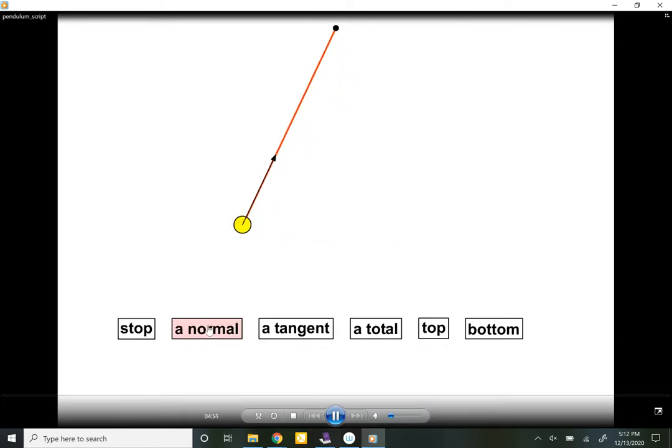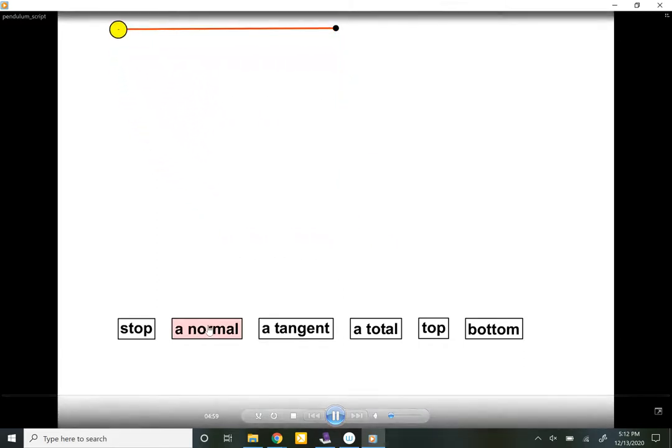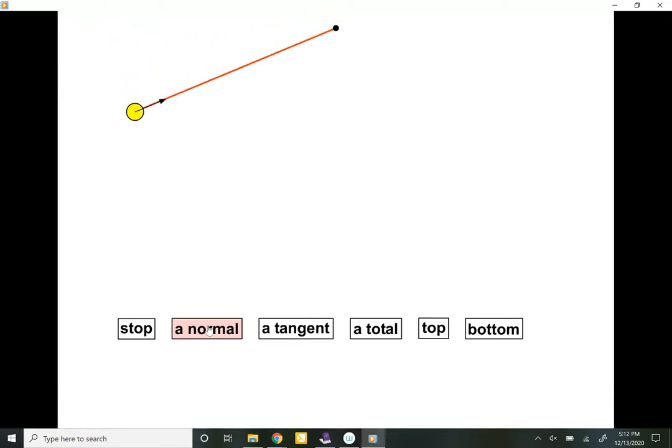So if I click on this button, the simulation shows just the centripetal acceleration.